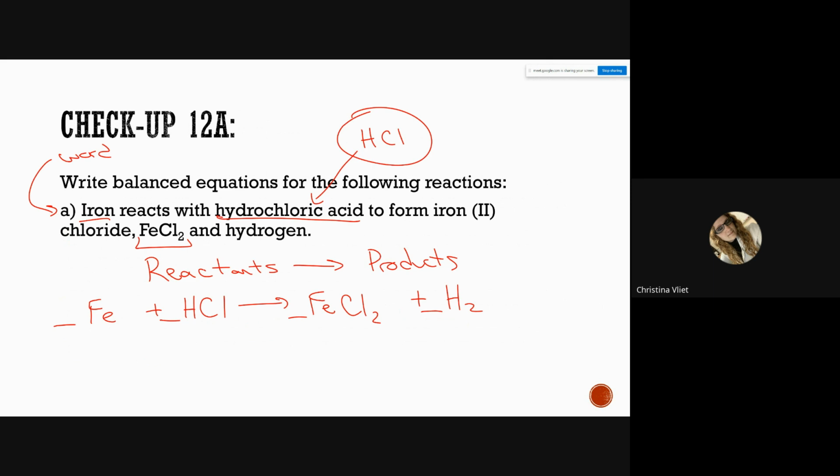That's what I meant. The balancing is usually not crazy. Notice you've got 2 chlorines on the product side and 2 hydrogens on the product side. What number would I need to put in front of HCl to make the amounts the same on both sides? 2. That's already answered. It was 2. That's it. That's all you've got to do here.